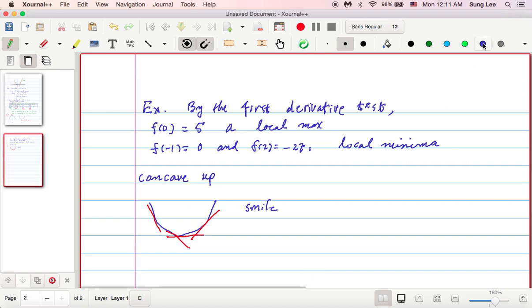Likewise, in the concave downward case, locally it looks like a frowning face.